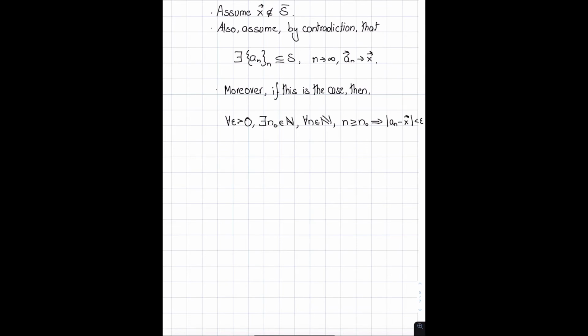So essentially this is just the definition of what it means for a sequence to converge, and in this case the sequence is A of n and it converges to the vector x.